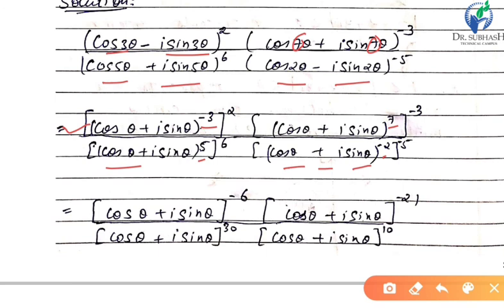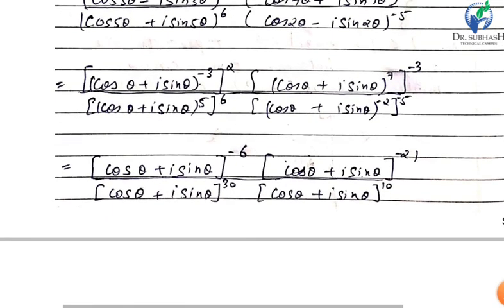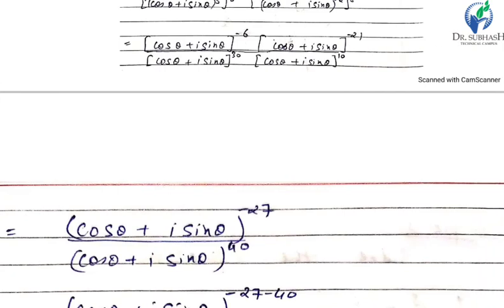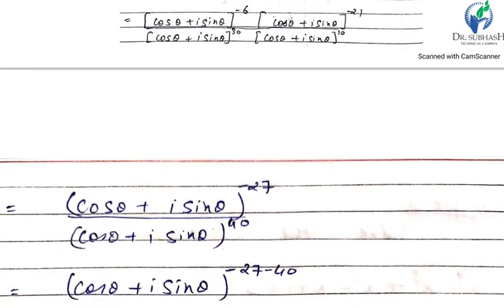Now see, we will just use the rules of exponents. So minus 3 into 2 will become minus 6, 7 into minus 3 will become minus 21, minus 2 into minus 5 is equal to 10, and 5 into 6 is 30. Now you can see here all the bases are same. When bases are same and in multiplication form, you can simply add the powers.